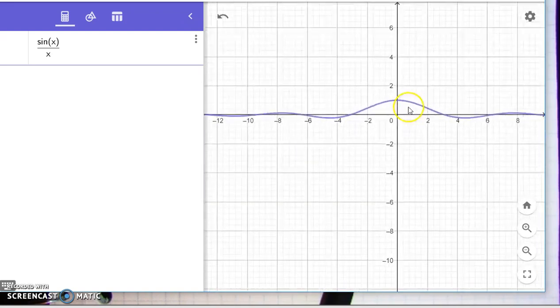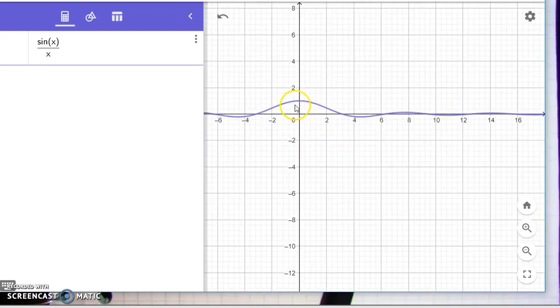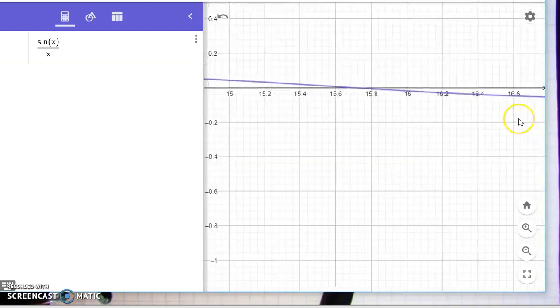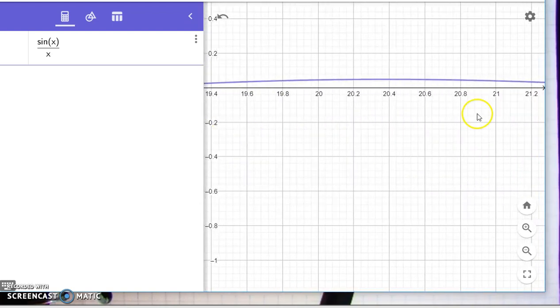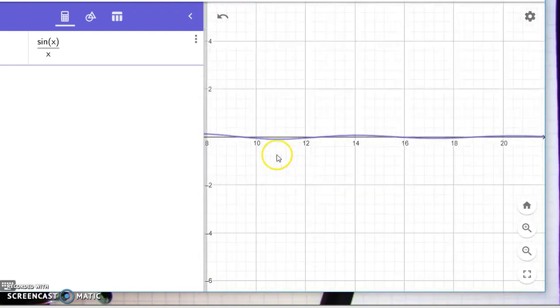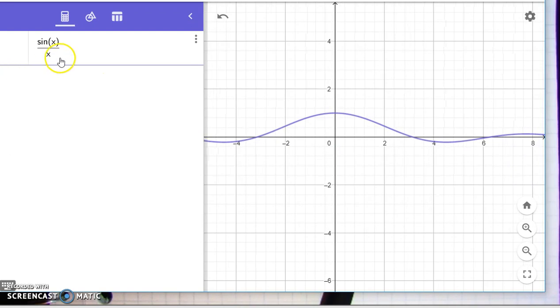As you can see here, if you zoom out, this is going to go down and up and down and up and down and up. And if we zoom out, it's going to get smaller and smaller until eventually it's going to stop. We can think of it logically: as x gets bigger and bigger, these little oscillations around 0 are going to get smaller and smaller, because that fraction is going to have a bigger denominator.